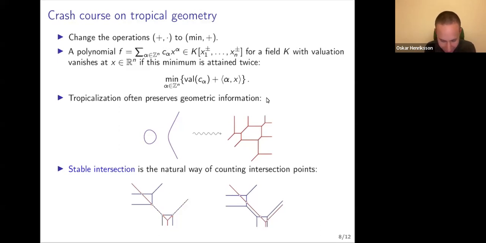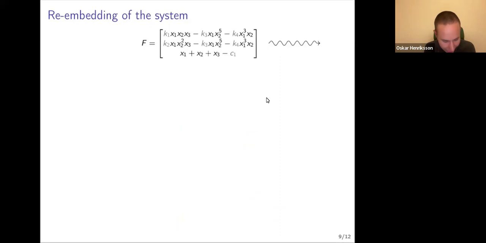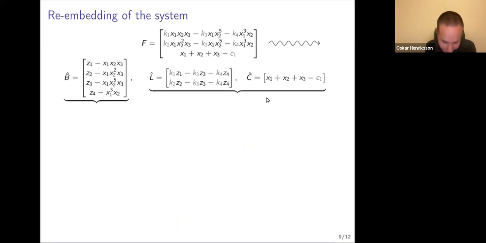Okay, with that being said, let's look at how we actually do the tropicalization. In general, doing tropicalizations is a very hard problem, but here we are able to use a little trick that allows us to do it much more easily.